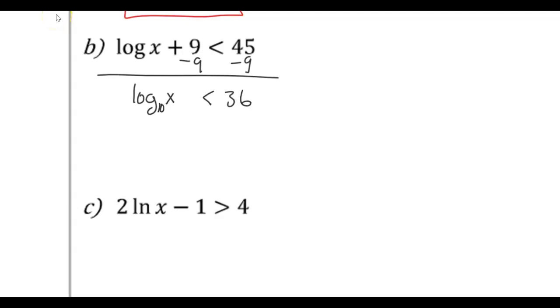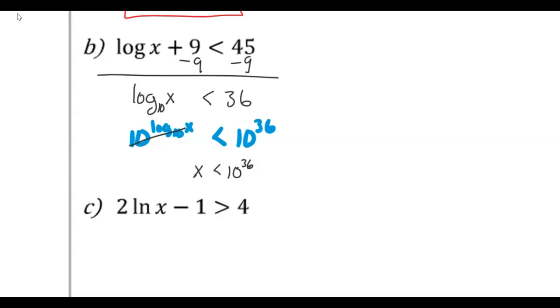Okay, remember this log is the same as log base 10. So you're going to raise the left side to be 10 to the power of log base 10 of x, and the right side is 10 to the 36. Now, honestly, that 10 to the 36 is really going to overwhelm your calculator. Think of that, that's like 10 with 36 more zeros. And so we're just going to leave it as 10 to the 36.